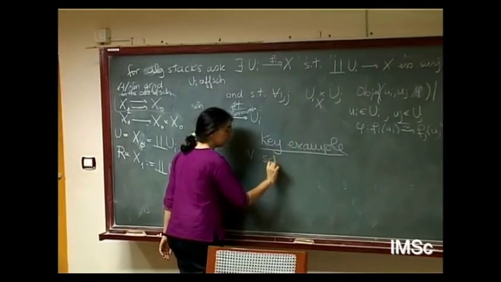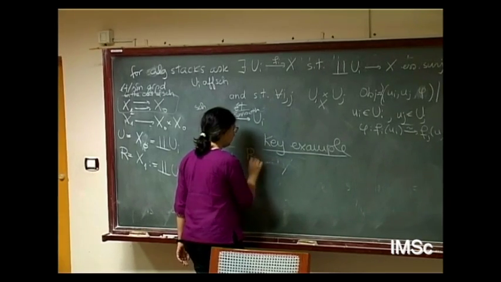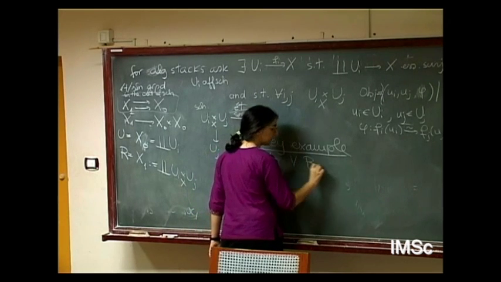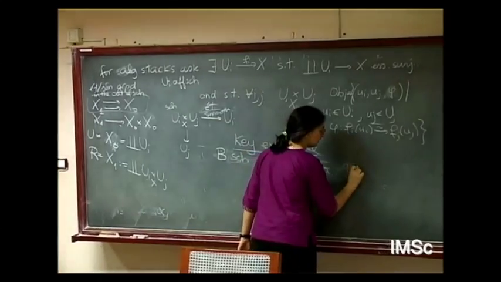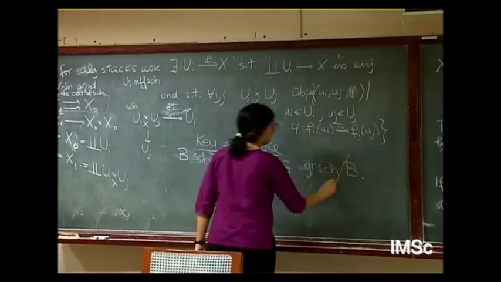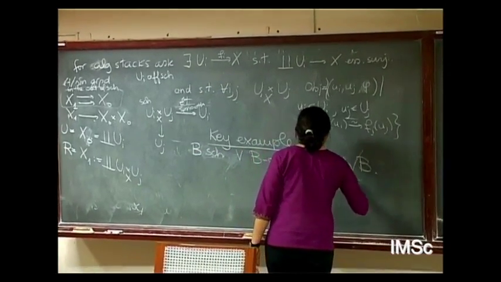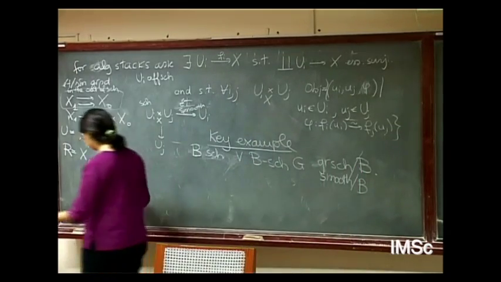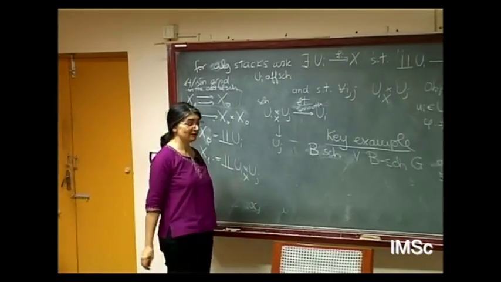Let me start with B, a scheme, and let V be a B-scheme and G a group scheme over B. And assume that this is smooth over B. In many cases this will be true for many interesting groups.